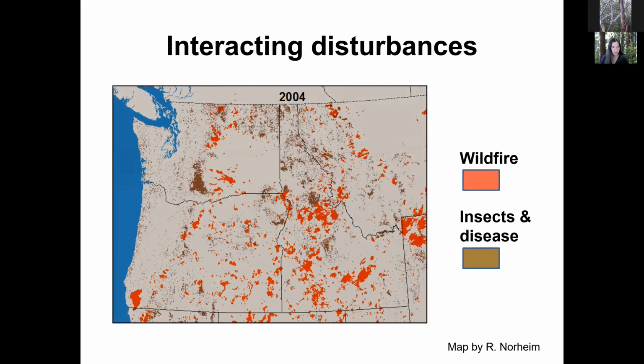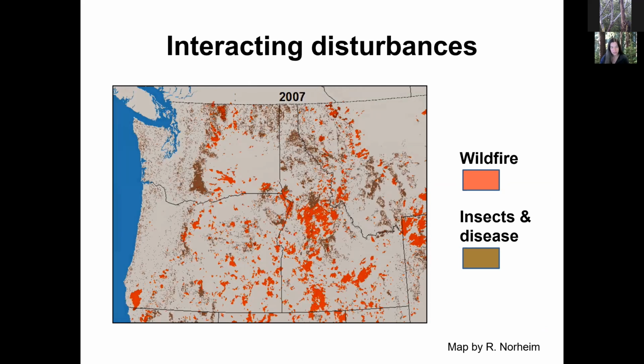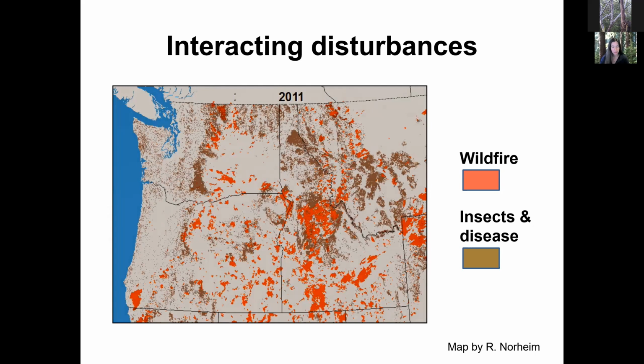And especially as we get into the late 2000s, you can see that some of them are starting to overlap. In some cases, we're getting reburn events or fires burning over insect and disease outbreaks and vice versa. And so there could be some surprises here where we have these interactions between these different stresses that are really going to affect our forests and their trajectories for the future.